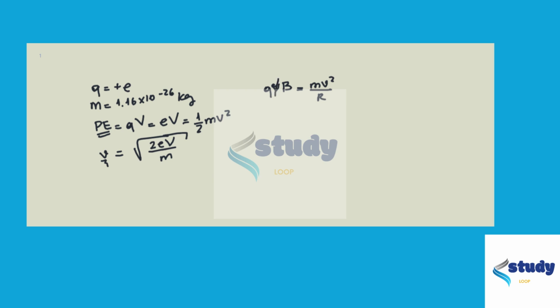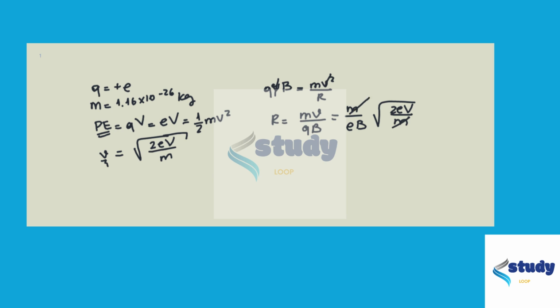So then if we isolate r out of this equation, we have m times v over q times B. Our q being plus e, positive e, and then our velocity being the square root of 2eV over m. If we plug everything in here, we're going to have m over e times B times the square root of 2eV over m.